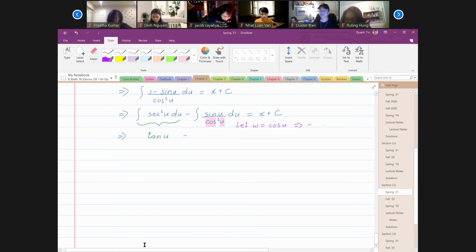Then the derivative of w is negative sine of u du. So what I have is the integral of dw over w squared. Now the right-hand side, I still have x plus c. So what I have is tangent of u plus w to the negative 1 over negative 1.